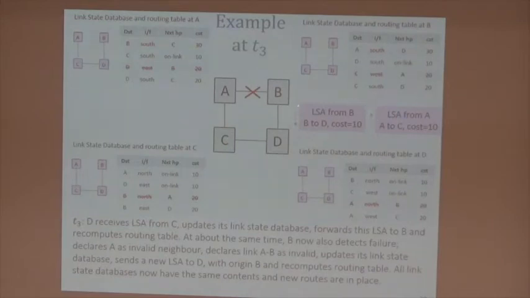Here, I'm assuming that in parallel, B woke up and also detected the loss of the adjacency. So B, at the same time, does its update and sends an update to D, and that will also be flooded to C and A, so that eventually everybody agrees and has exactly the same topology database, and the new routes are computed. So at this point, the network is stable again.